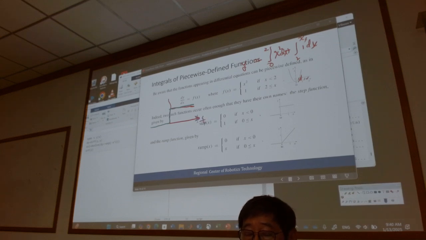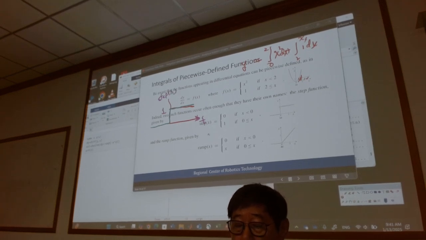T and this one step, x say equal to 0 for x less than 0, and it will be equal to 1 if t or x is greater than 0, right?